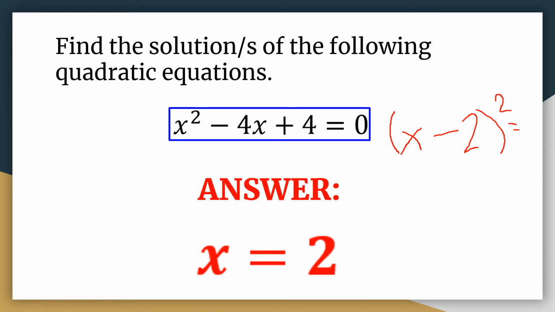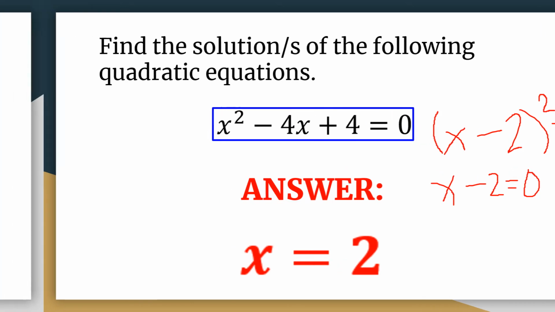So that means you're just going to have x minus 2 equals 0. So we can have the root x equals 2.